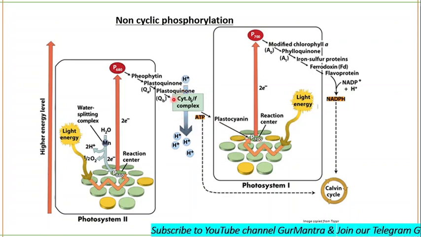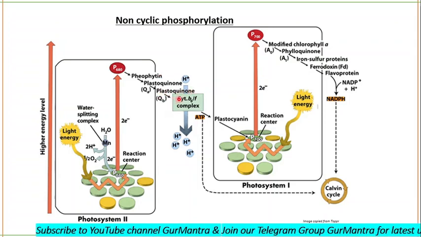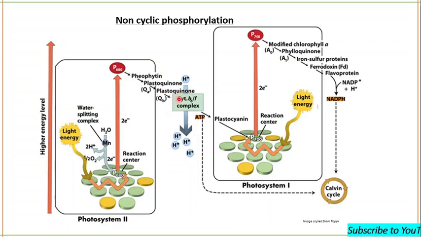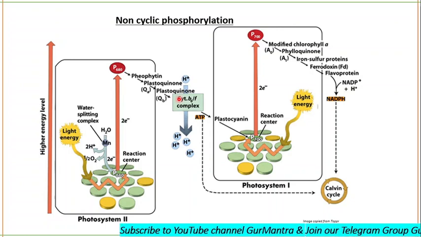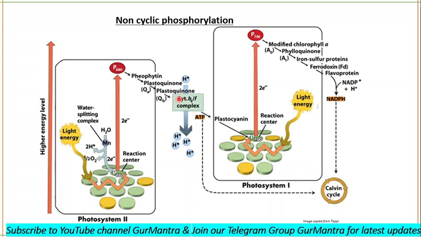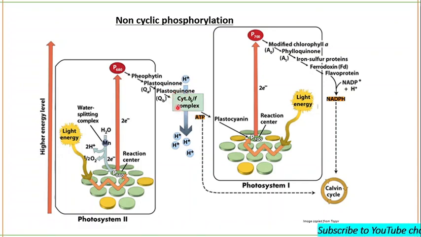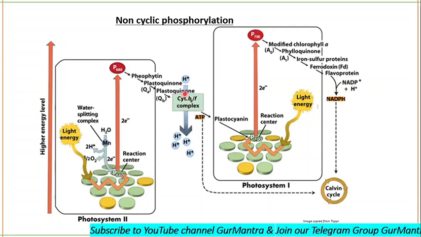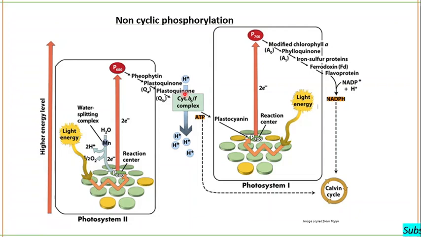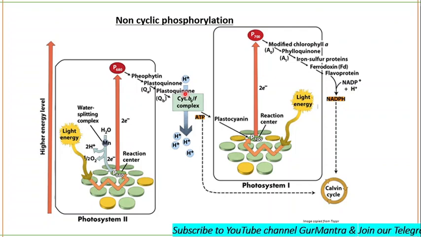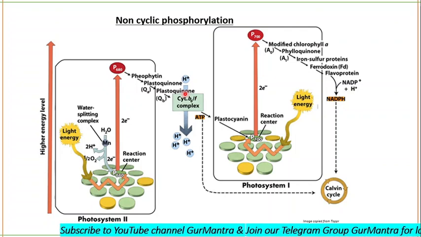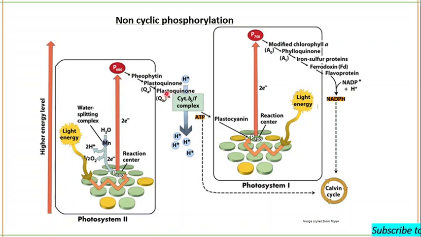Remember one thing, that QB, okay, this Q cycle can be inhibited by DCMU. What exactly is DCMU? DCMU is dichlorophenyl dimethylurea, also known as diuron. This is a herbicide, and it can abolish photosynthetic oxygen production because it competes with the plastoquinone QB binding site of photosystem 2.